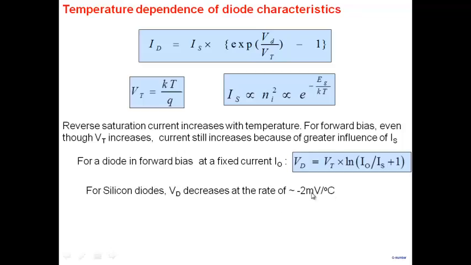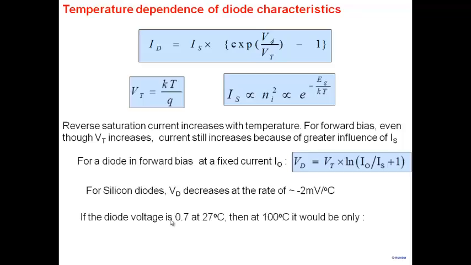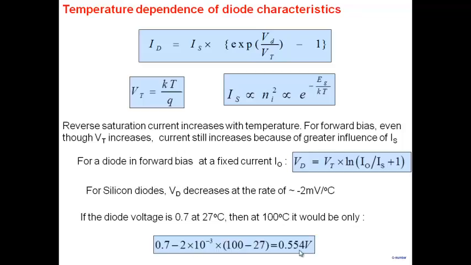It may look to you small, -2 millivolt, but just note the following. If let's say the diode voltage is 0.7 at 27 degrees Celsius, then at 100 degrees Celsius, it would be 0.554. So significant fall from 0.7 to 0.554. Now you may be wondering, I'm not going to get 100 degrees Celsius.